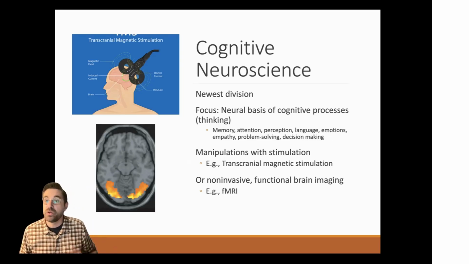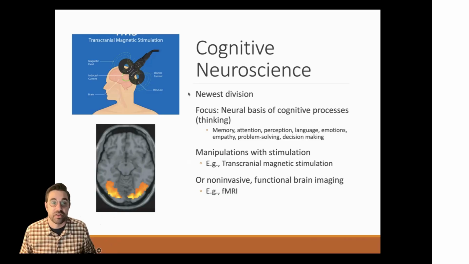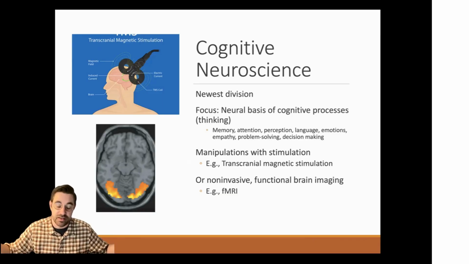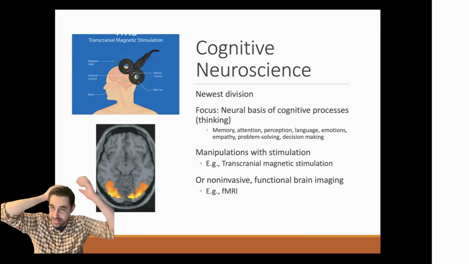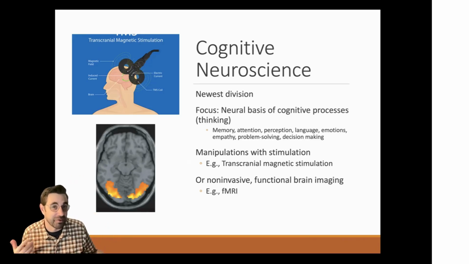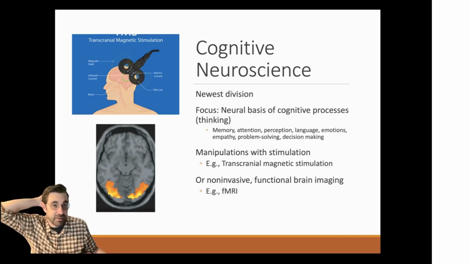Okay. There's a few different ways cognitive neuroscientists do this. One of them is by manipulating through stimulation. It's called transcranial magnetic stimulation. So they pump a magnetic pulse to the outside of your head, and it briefly either turns off or turns on a part of the brain. If I turn on that part of the brain, say I do it back here, you might see things.